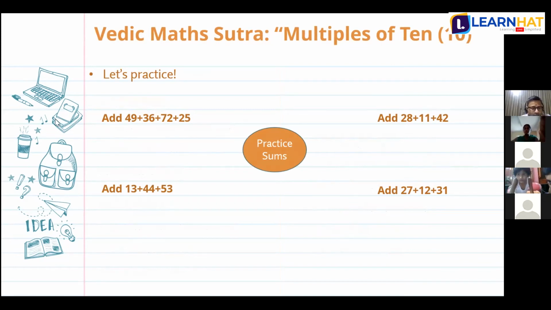Whichever sum you like, take your pen and paper and try these sums and tell me the answer. Clear?